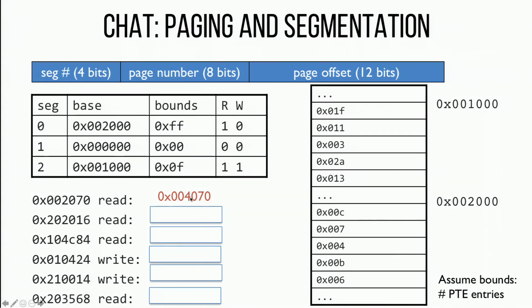So our physical address. Physical memory doesn't have to have the same number of bits as virtual memory or your virtual address spaces, but they will always have the same number of bits for the offset. But you could have a different number of pages in the 2 spaces. But what we learned from this is that the physical page number is 4, and of course the offset remains 070.